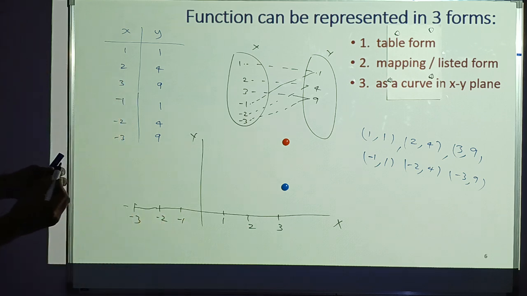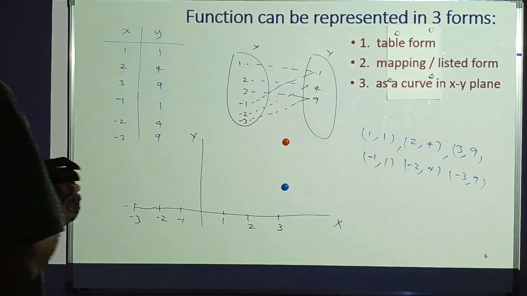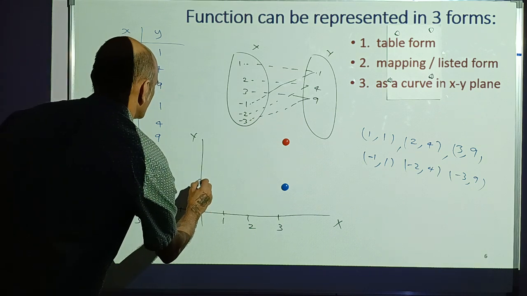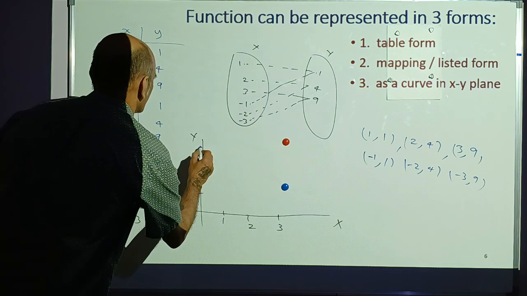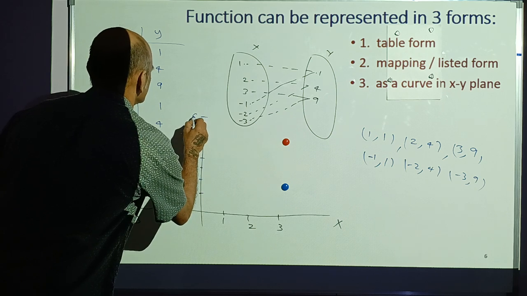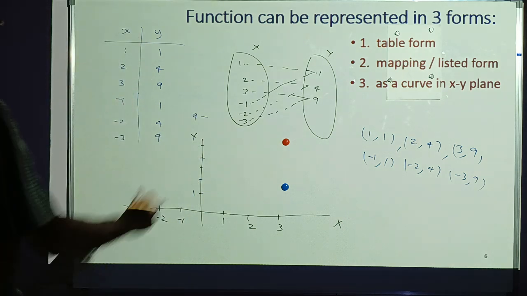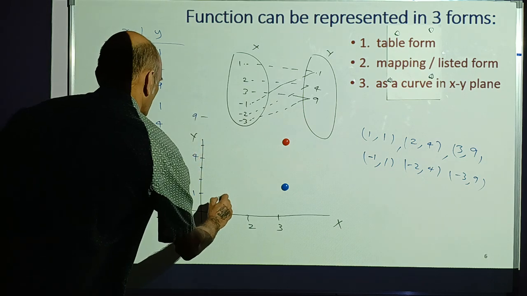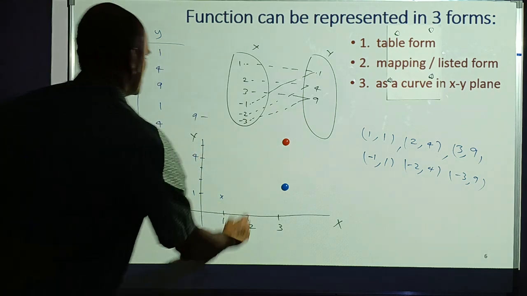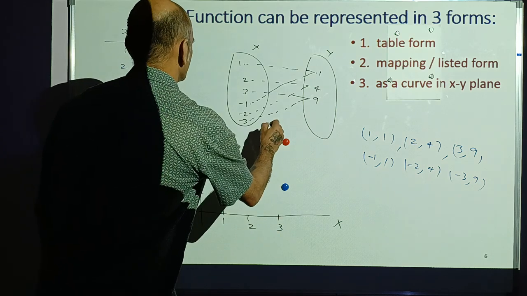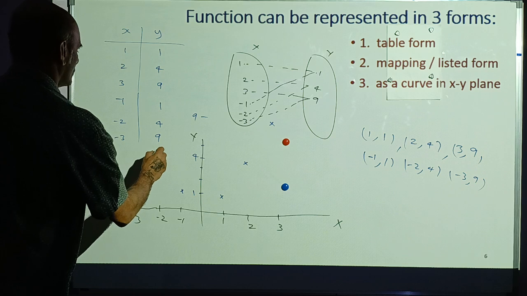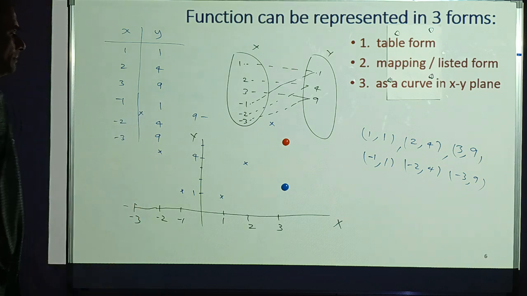And the corresponding value of y is 1, 4, and 9. So this is 4, this is 9. So 1 is mapped to 1, and then 2 to 4, and then 3 to 9. Minus 1 to 1, minus 2 to 4, and then minus 3 to 9.